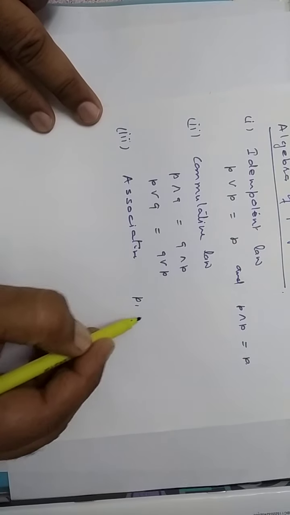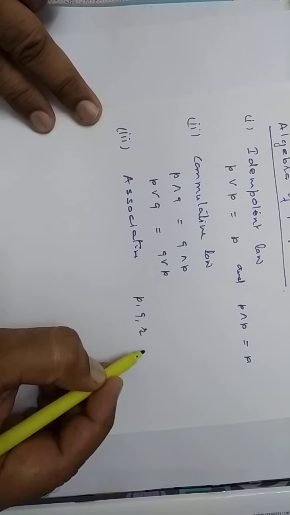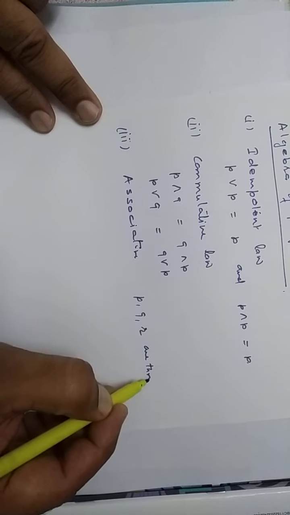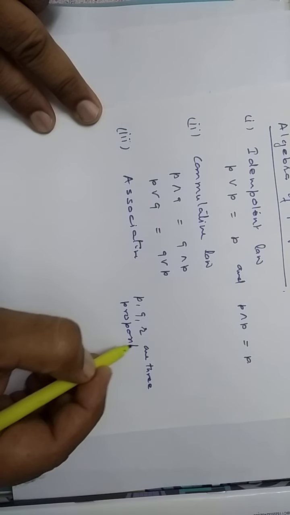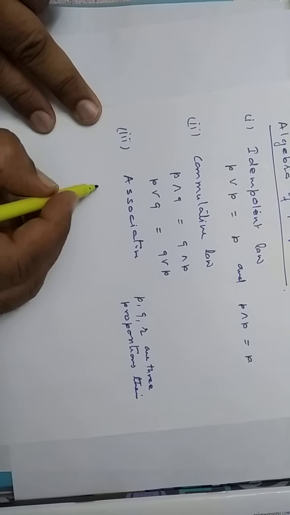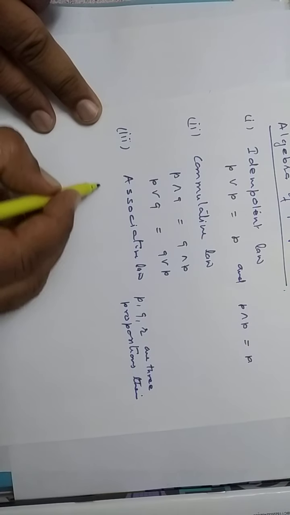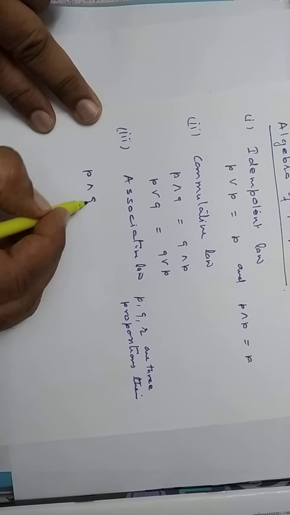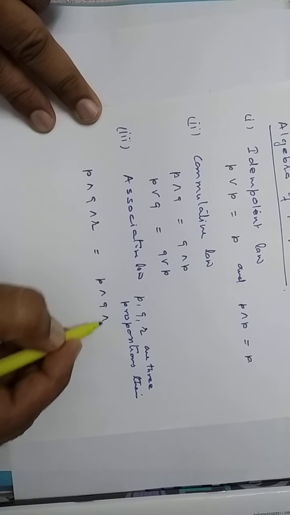If P, Q, R are three propositions, then (P and Q) and R is equal to P and (Q and R).